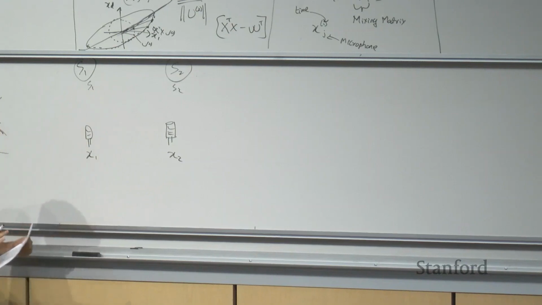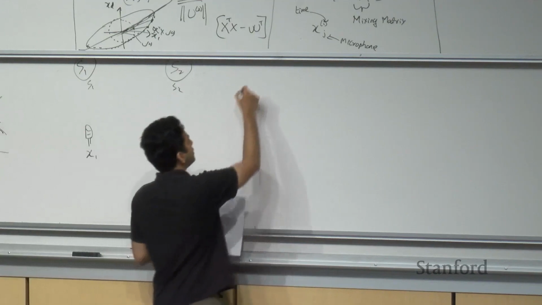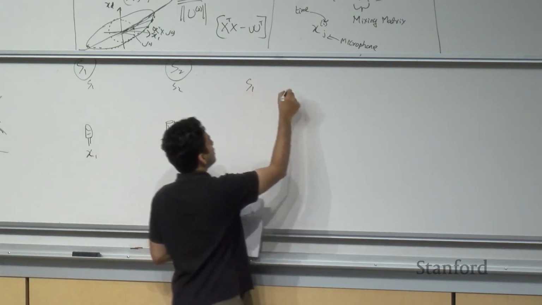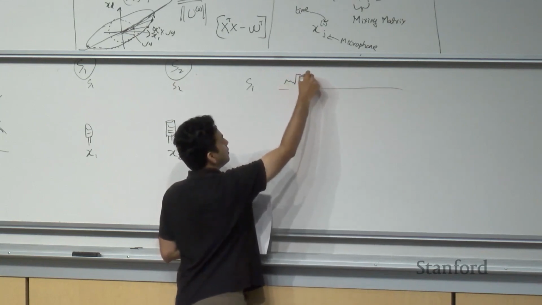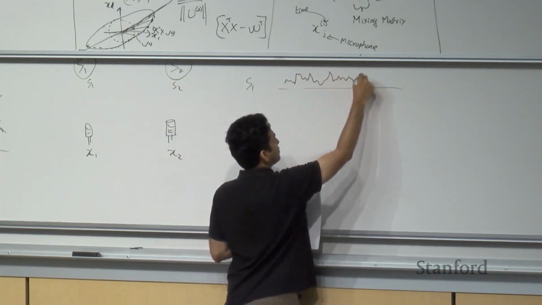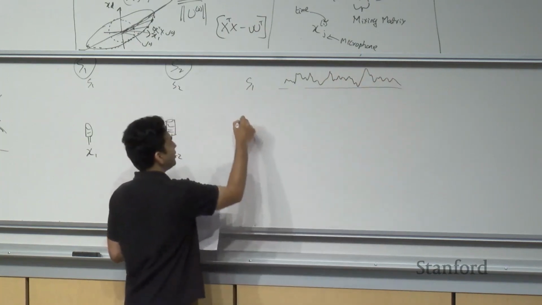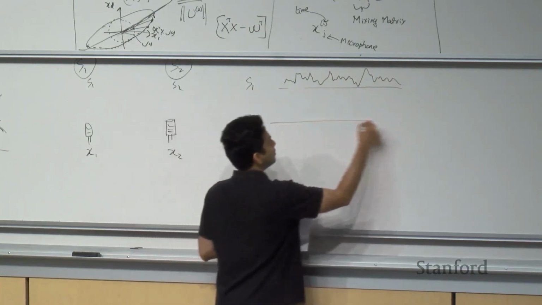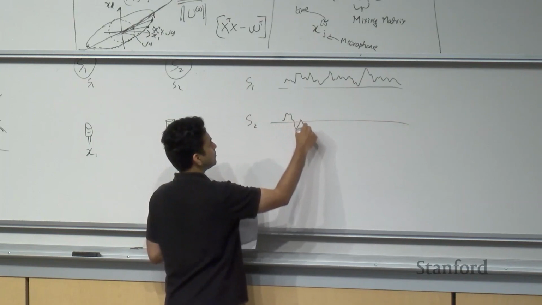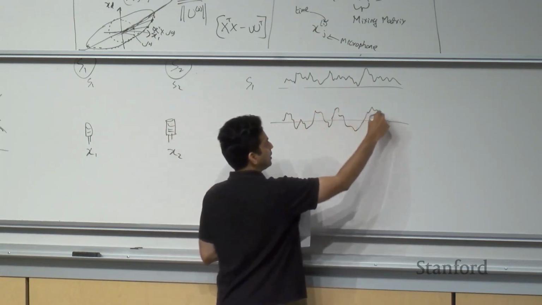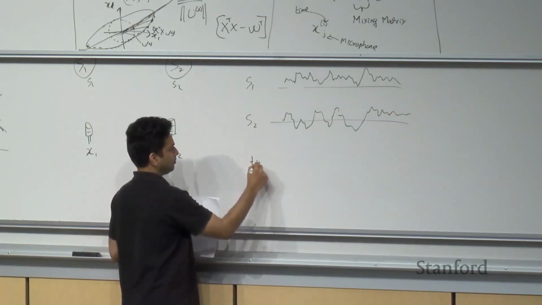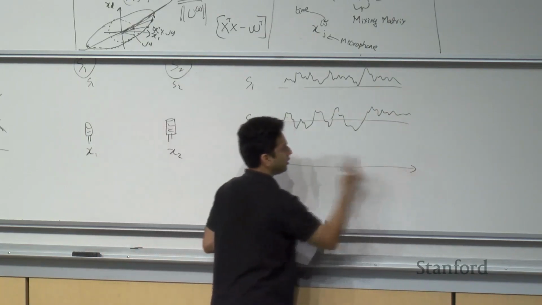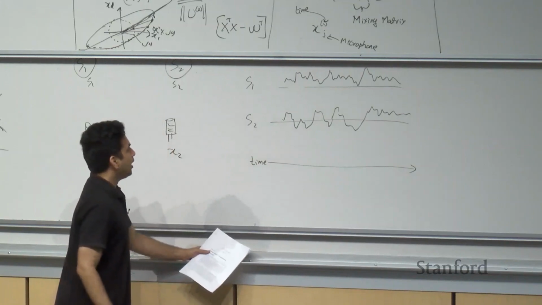We will assume there is no lag in recording. Let's assume this is the waveform of what speaker 1 is speaking, and this is the waveform of what speaker 2 is speaking, and this is time, progressing this way.